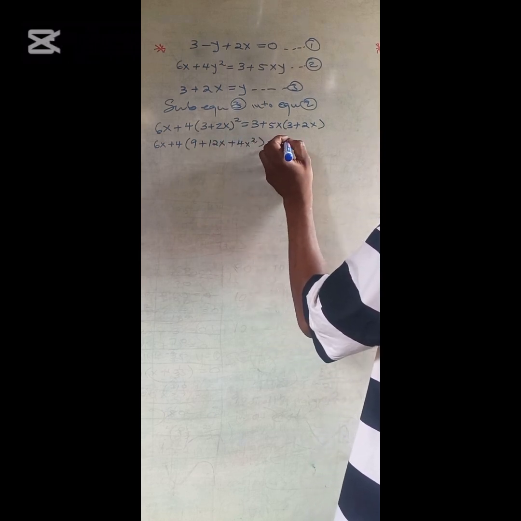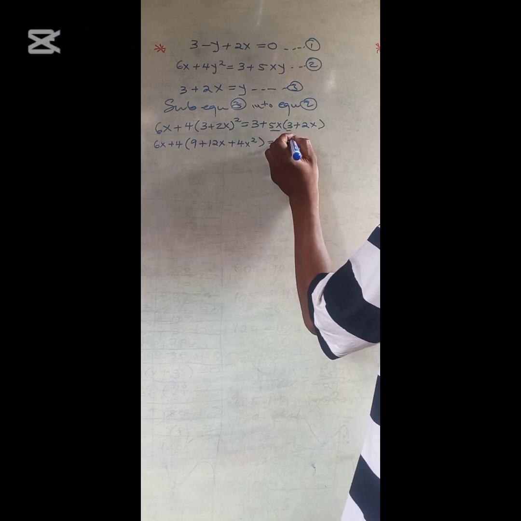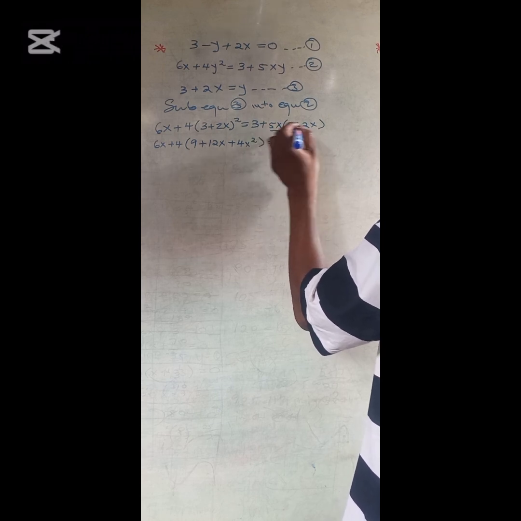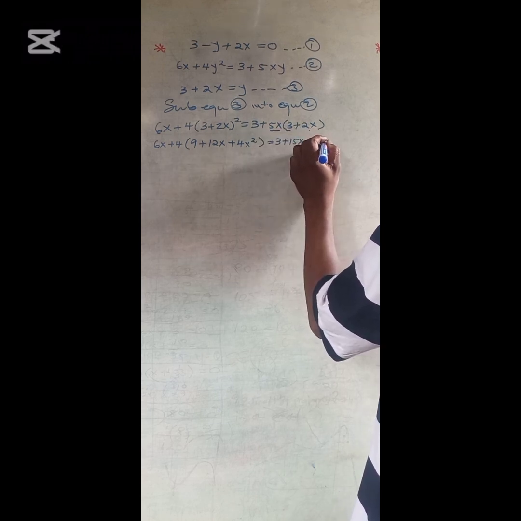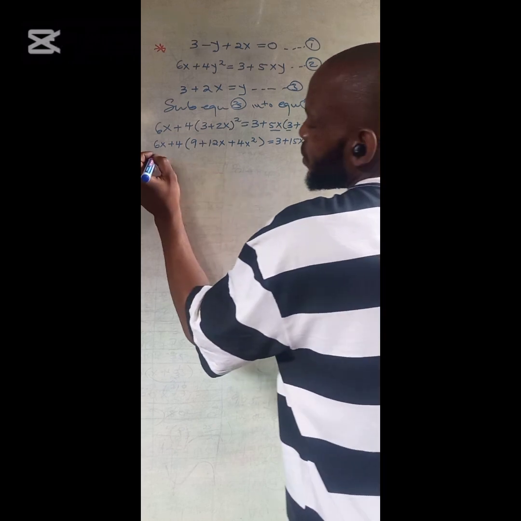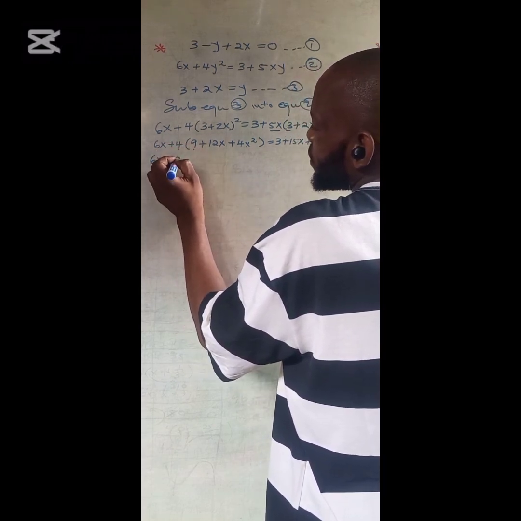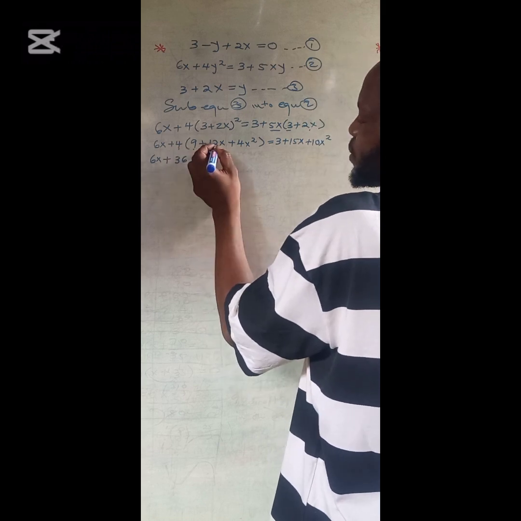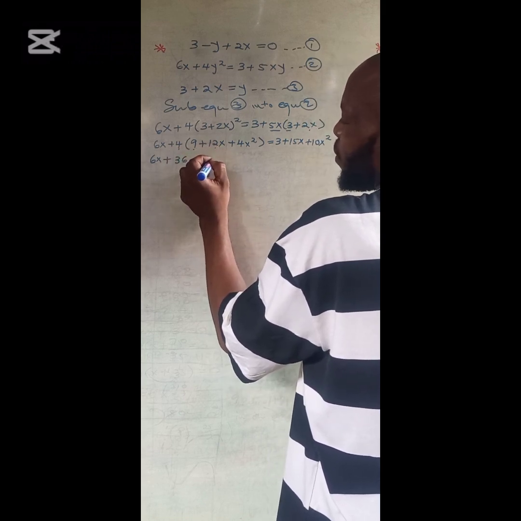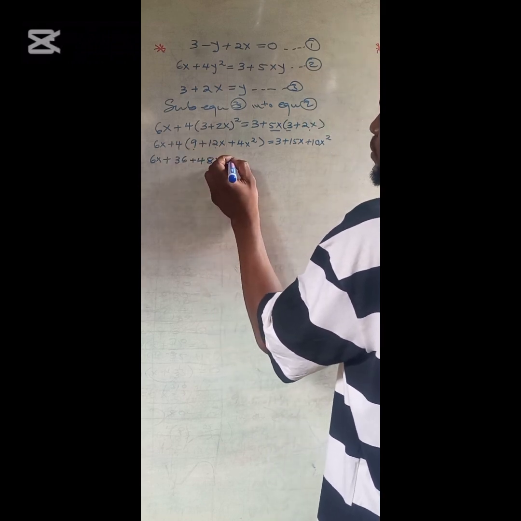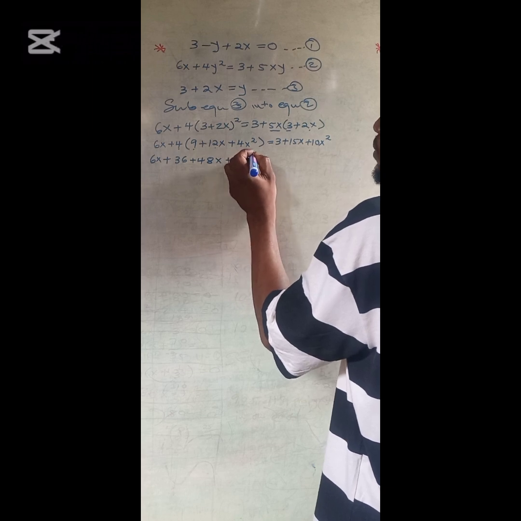Now this side we have 3 plus this by this, 15x, this by this, 10x squared, right? So now we have 6x plus this by this is 36, this by this, 48x, this by this, 4 by 4x squared, 16x squared.